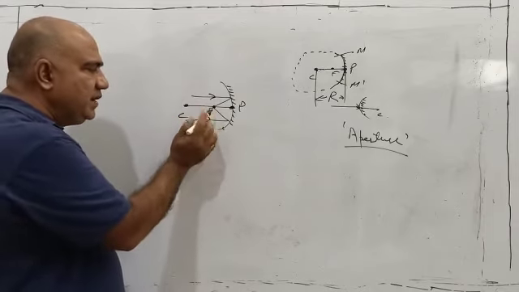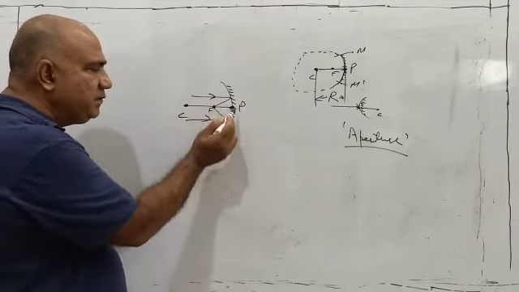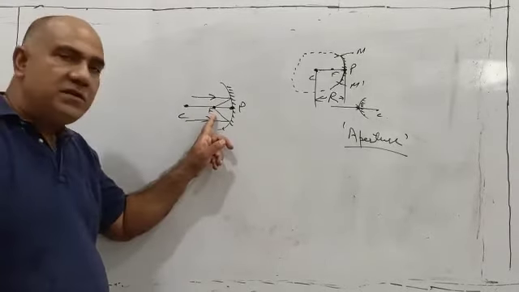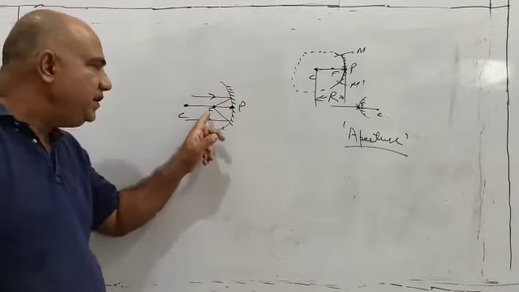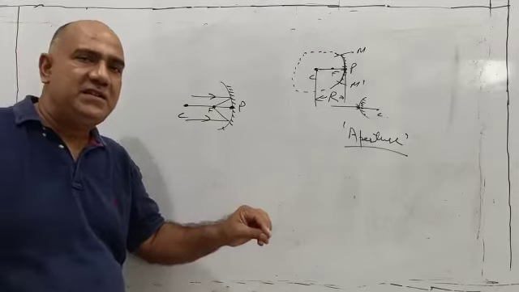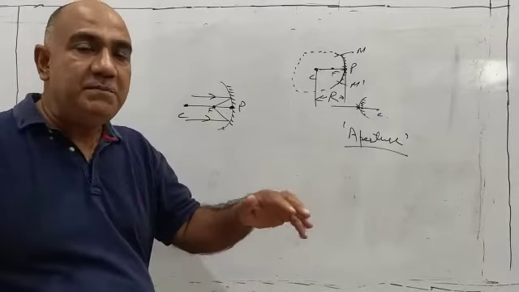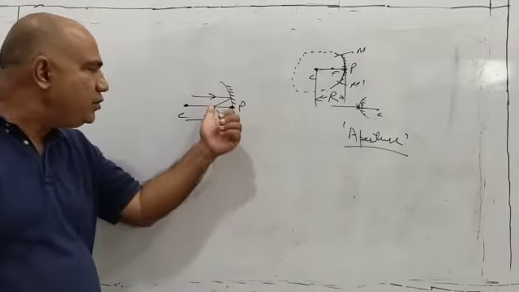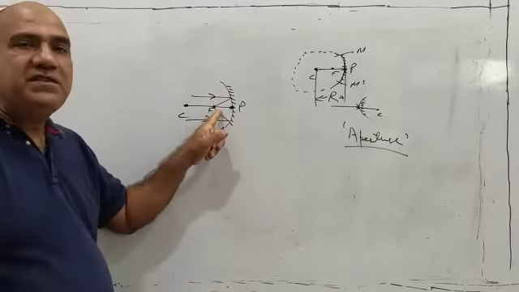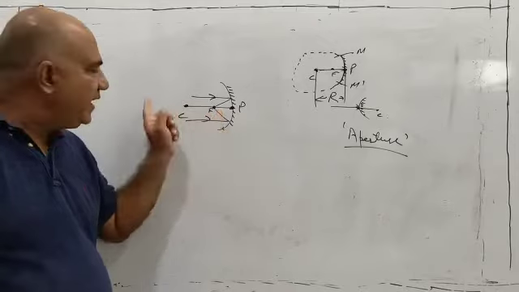And now I will define the principal focus of a concave mirror. Please just focus. Principal focus of a concave mirror is a point on its principal axis to which all the light rays which were initially parallel, initially meaning before the reflection, they were parallel to principal axis and close by to principal axis, are converging at a point on the principal axis.